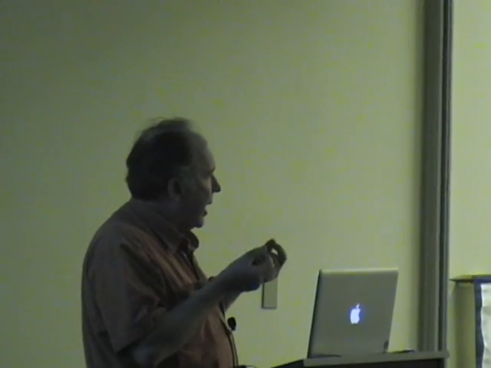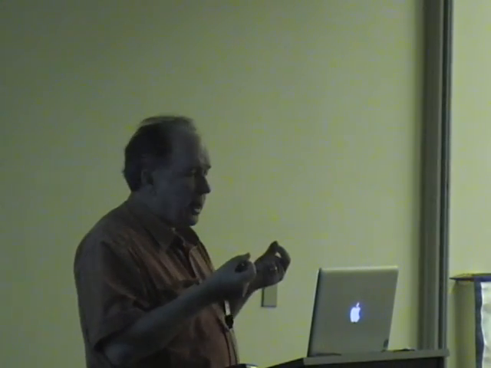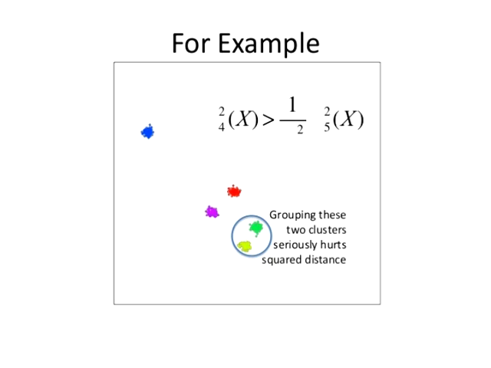It means there's a distinctly better clustering at a certain number of clusters than for any smaller number. And data that has that property is data that looks kind of like this on the next slide. Data that's in nice little tight bunches.